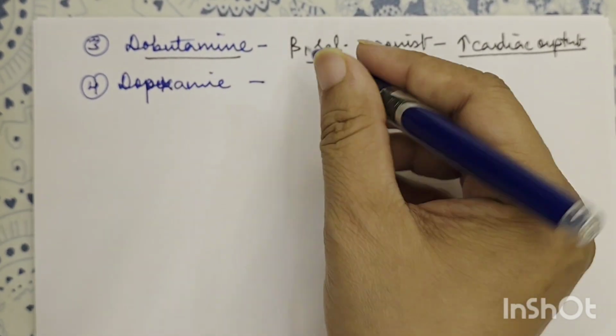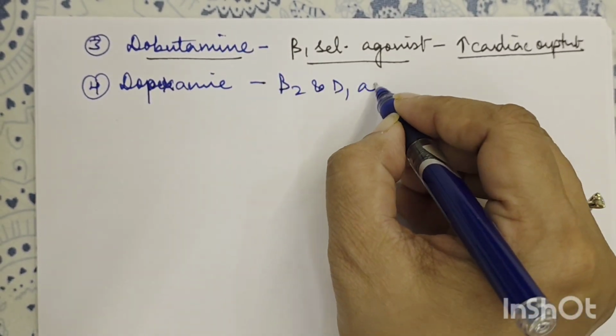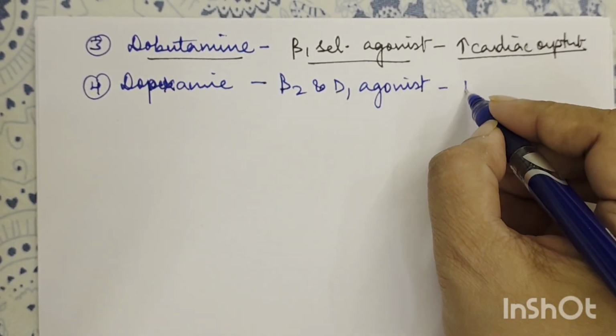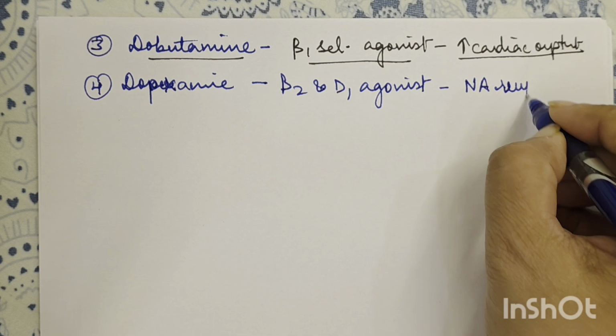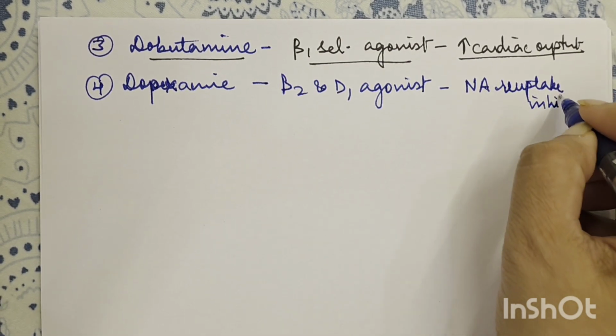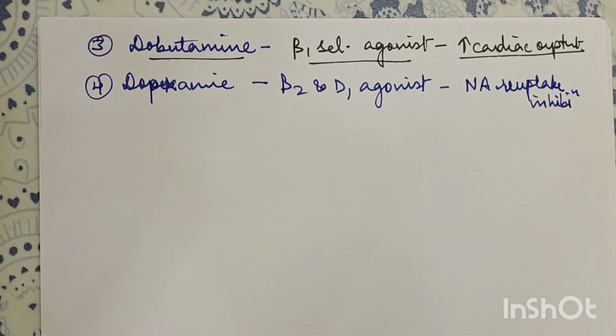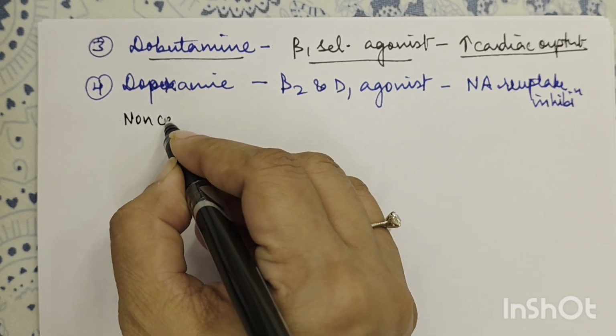Okay, then next drug is dopexamine. It is a beta 2 and D1 agonist and it causes Na reuptake inhibition also. Okay, that is dopexamine. Then coming to some non-catecholamines.